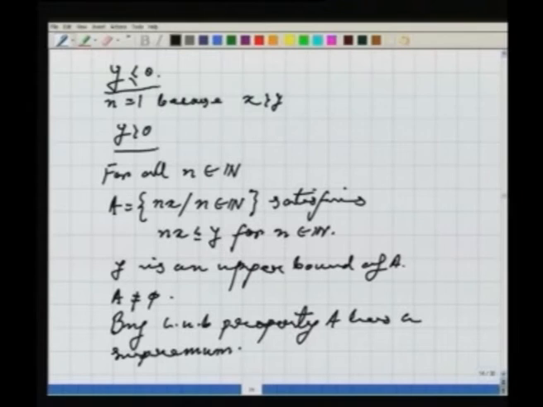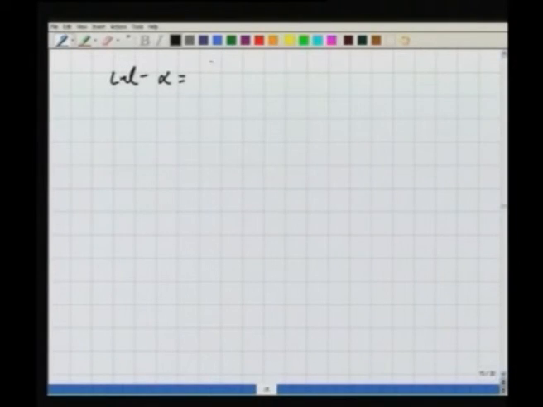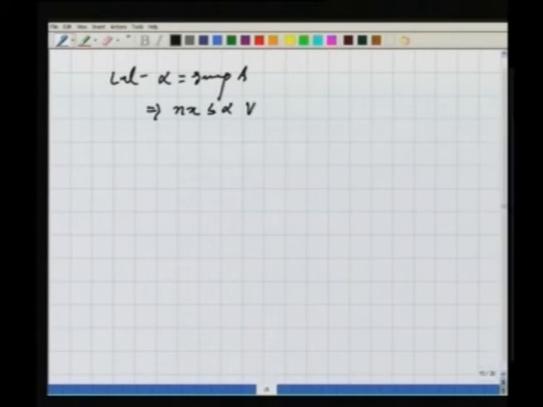Well, I denote the supremum by alpha, let us say. Let alpha be the supremum of A. In symbols I write alpha is equal to sup A. Well, this implies n x is certainly less than or equal to alpha for all n in the natural numbers.